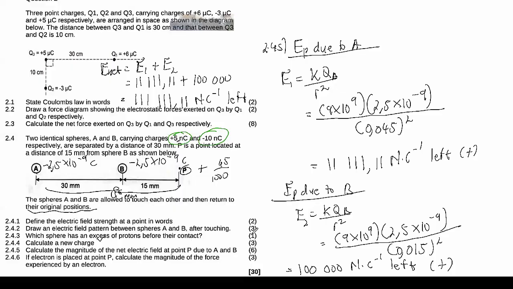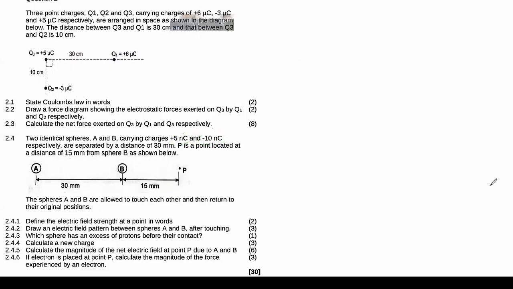Okay, so now 2.4.6, it says, if electron is placed at point P, calculate the magnitude of the force experienced by an electron. Right. Now, this is when you get to use this formula here. There is a particular formula where we get the definition of the electric field.